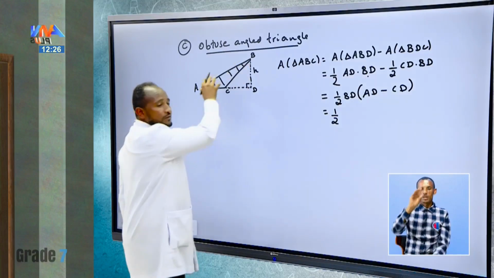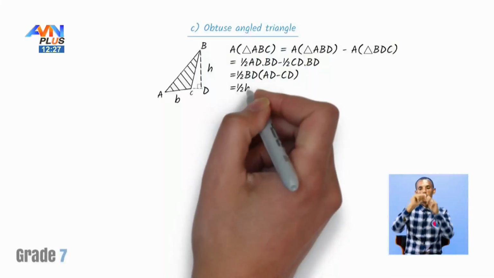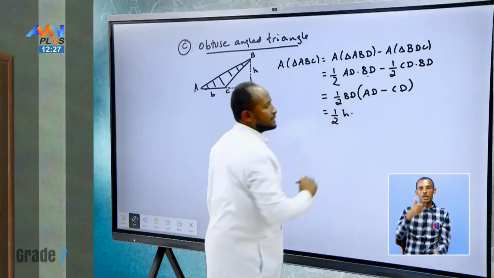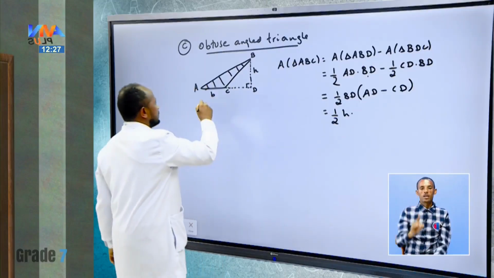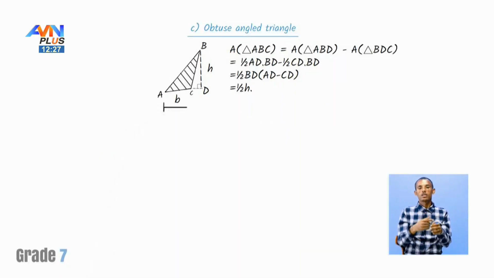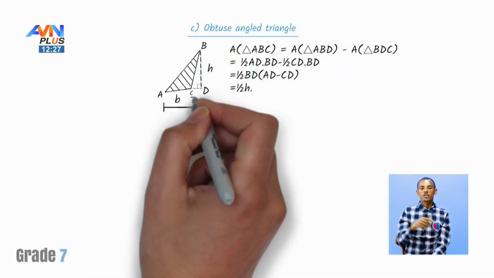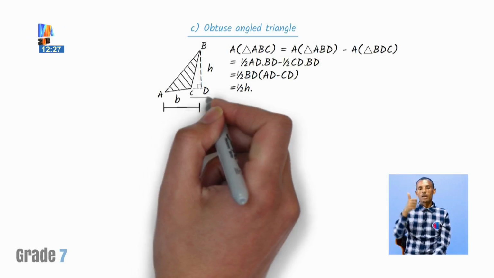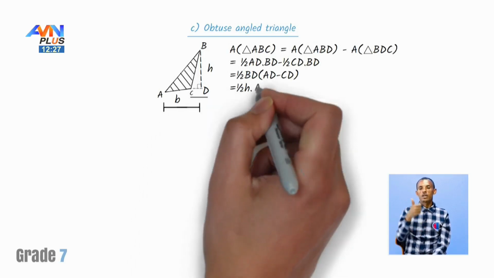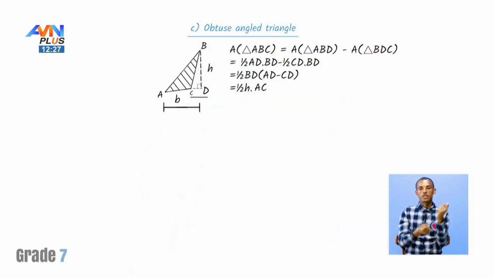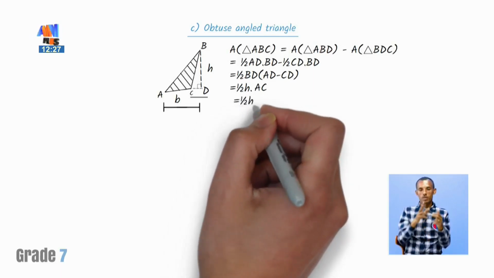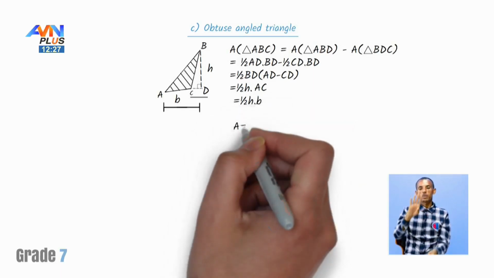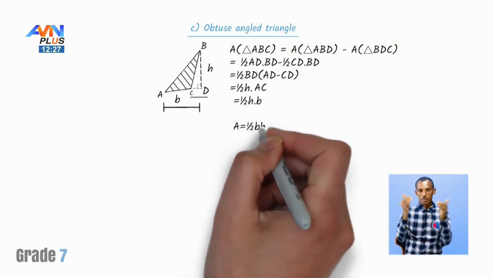BD is the height of this triangle, H, times AD minus CD. From AD, if you subtract CD, you will have AC. So AC is the base. Therefore, the area of this triangle will be half times B times H, or I can write area is half BH.